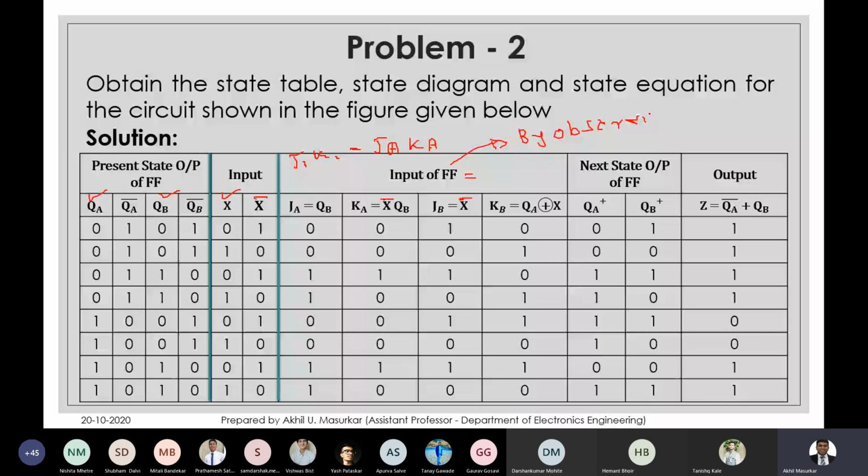Now comes the next challenging part. Now I want an answer from you. How will I write QA plus and QB plus? There are two ways of doing it. I want an answer from you.